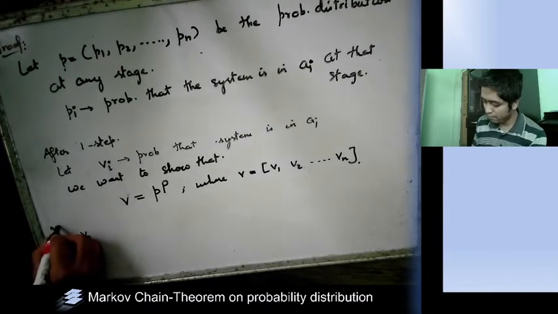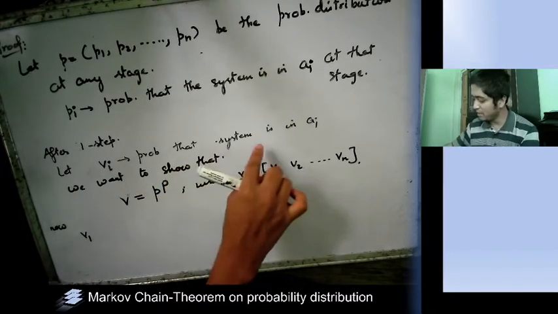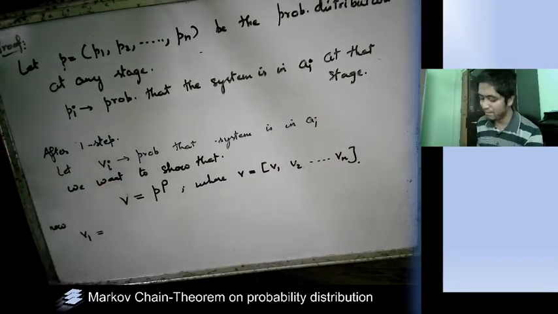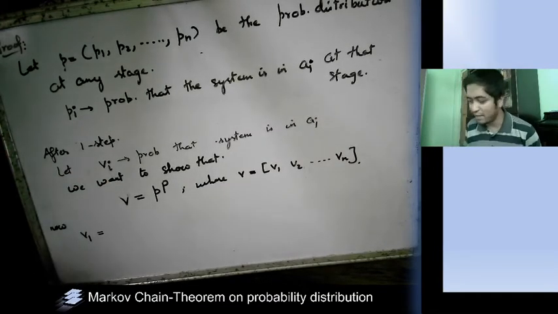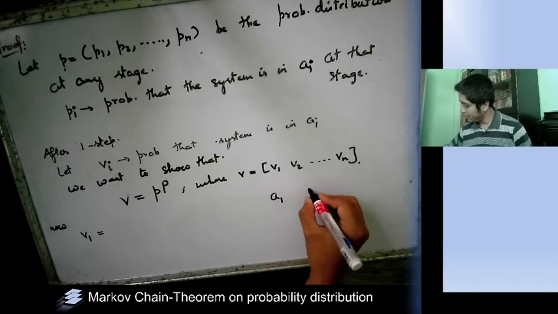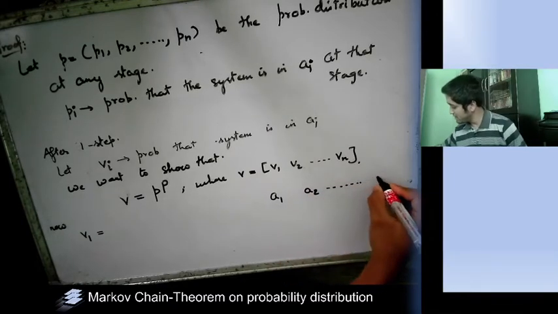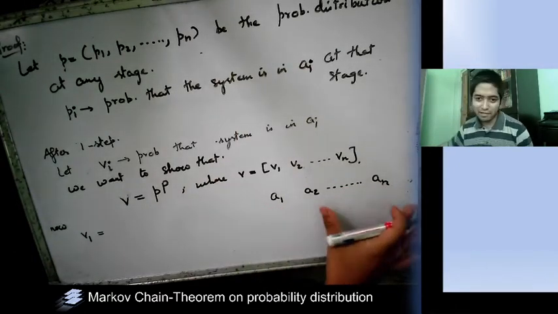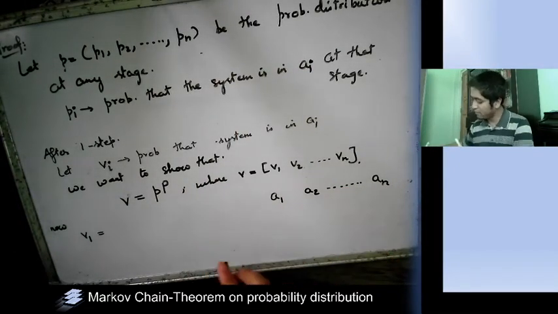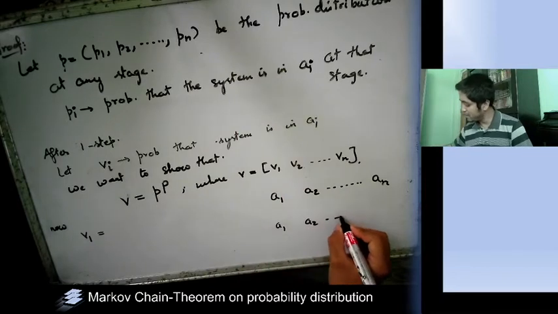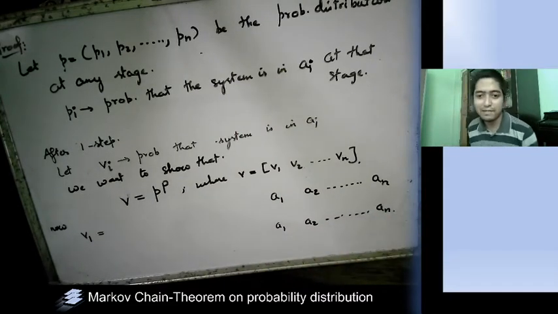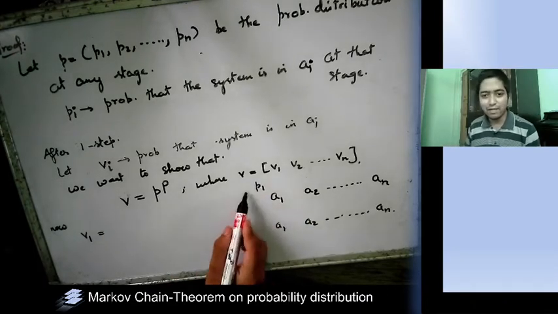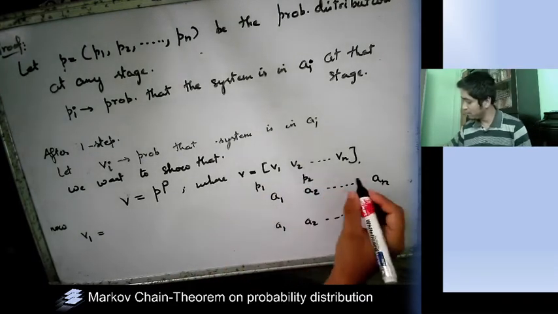Now V1 is the probability that the system is in A1 after one step. At some stage, the system can be in any of these possible states, and even after one step it can be in any of them. P1 is the probability attached with A1, P2, ..., Pn.